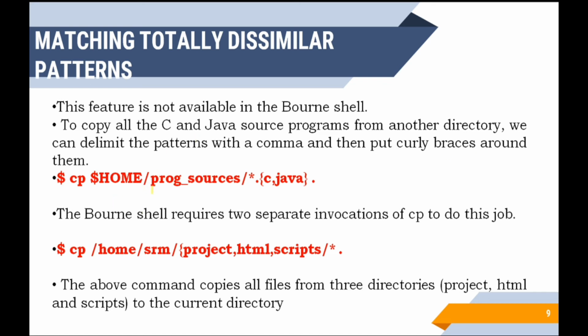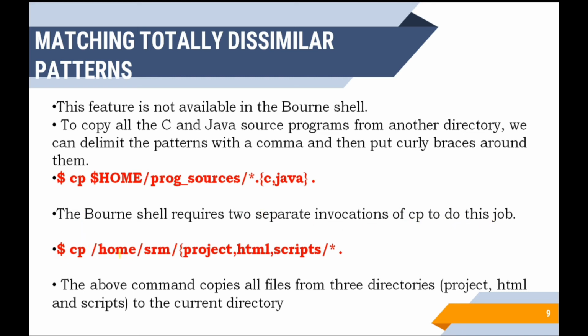For example, see here cp home program source. Okay, this is my source directory. I want to copy the files which are C and Java, so just you have to specify them in the curly brackets. Even the Bourne shell requires two separate invocations of cp to do this job.